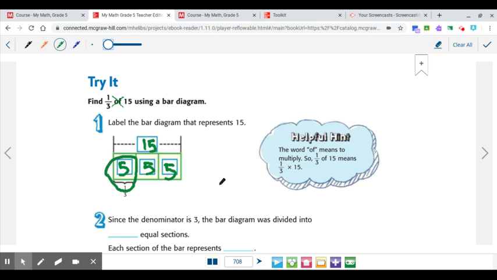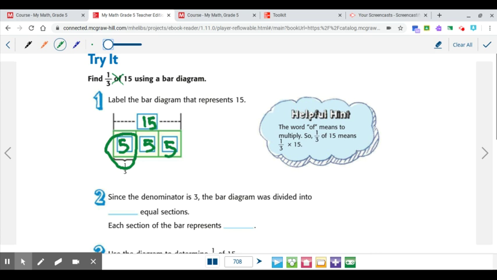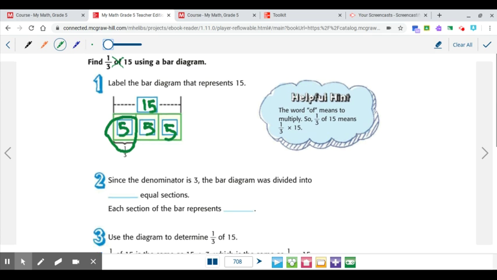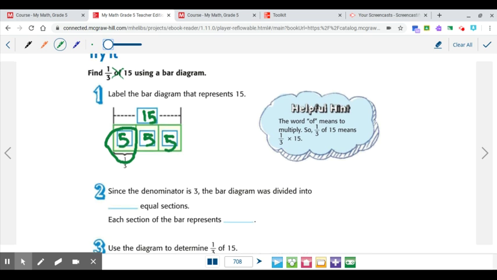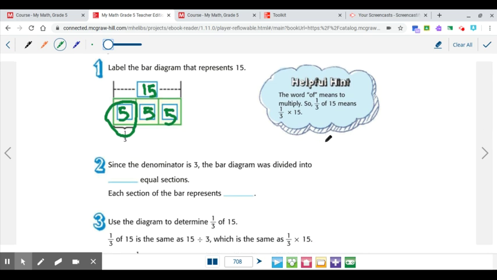Okay? Now here's where it gets a little bit confusing because I used some division in there to help me solve a multiplication problem. And you're right, I did. So we're going to kind of take a look at the actual math of this, okay? If I have the same problem that I already had, and I had 1/3 times that original whole number, which remember I said was 15, I'm going to put the 15 up here.